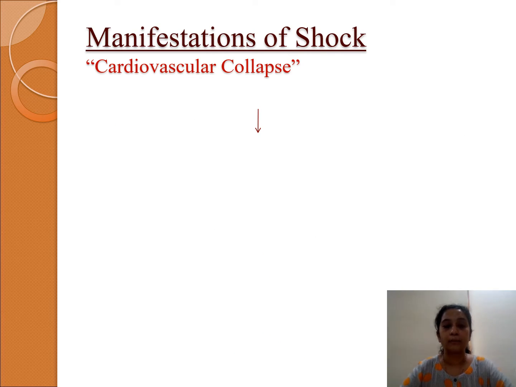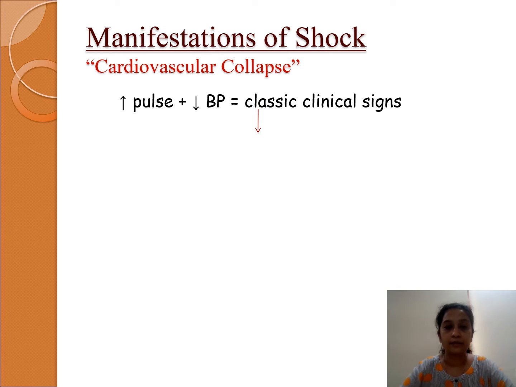So what are the manifestations of shock? So there is total cardiovascular collapse. So because of that, there is increased pulse rate and decreased blood pressure. These are the classical signs of cardiovascular collapse. So once there is cardiovascular collapse, there is severe pallor because of reduced blood supply.